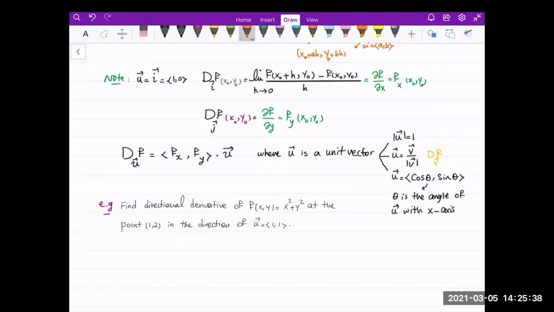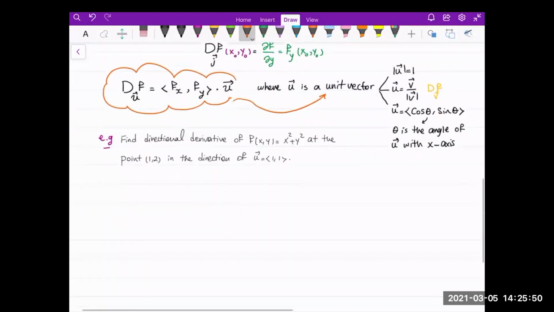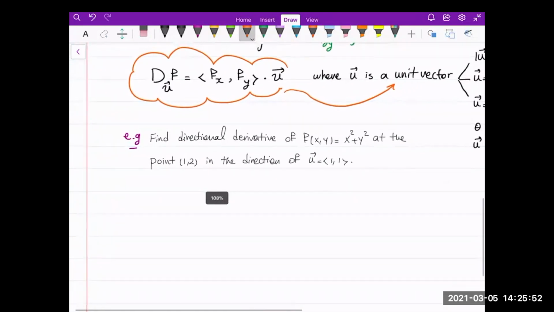Okay, so remember that in the formula you need to put the unit vector. Other than that, you cannot use the formula. Okay, so let's solve this example.